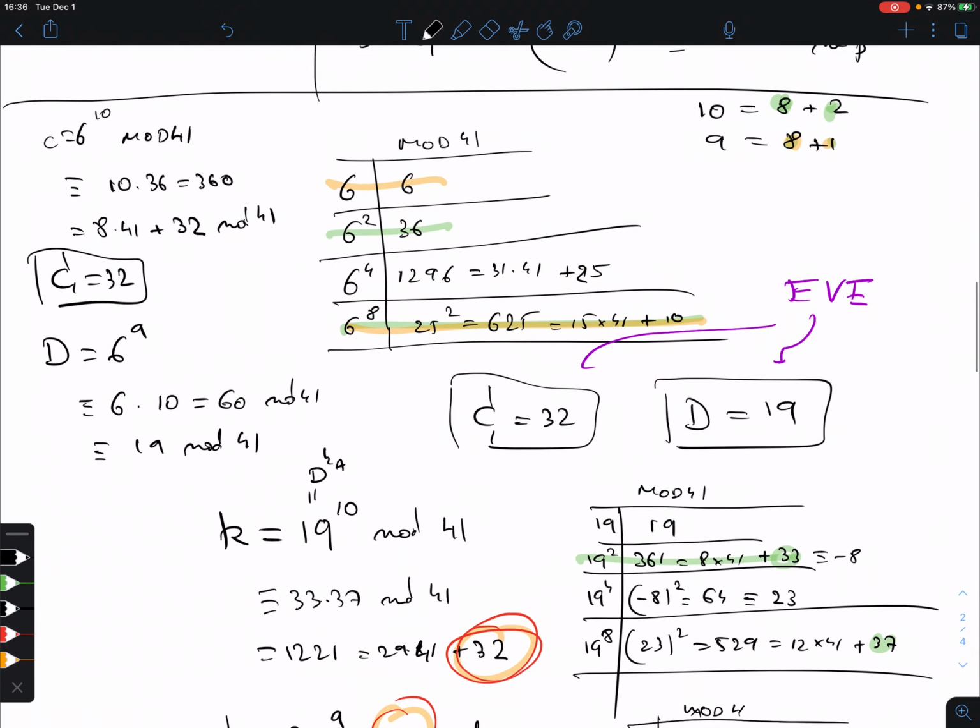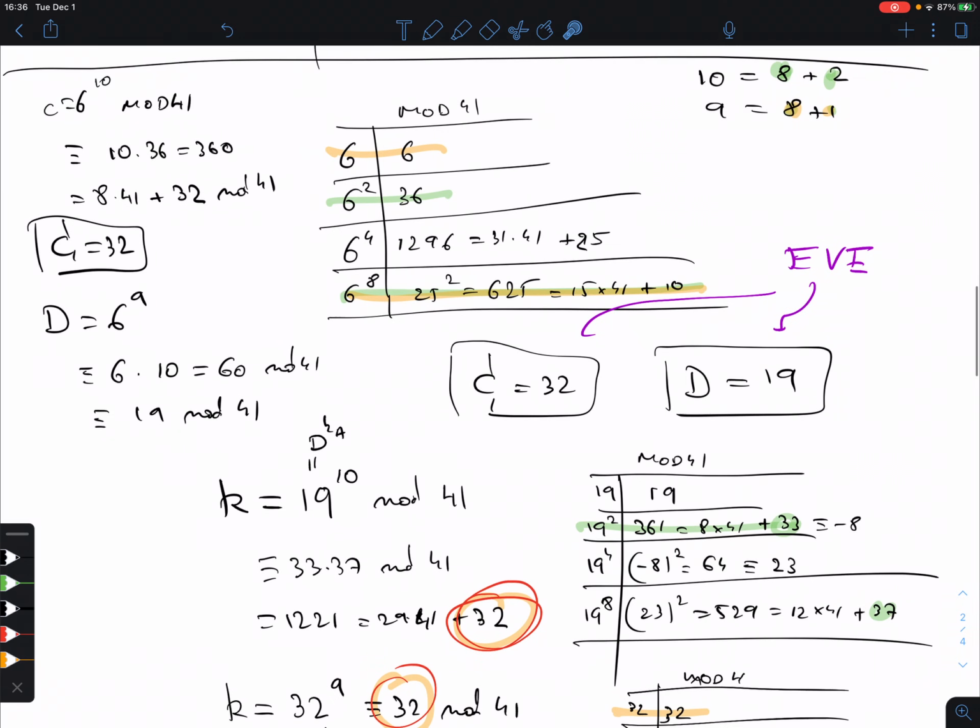Okay, so she says, let's take D here, 19, and I now just have to take this to this power, but she doesn't know that power. She says, that's a bit of a pain. But I know something, she says. I know how C is obtained.